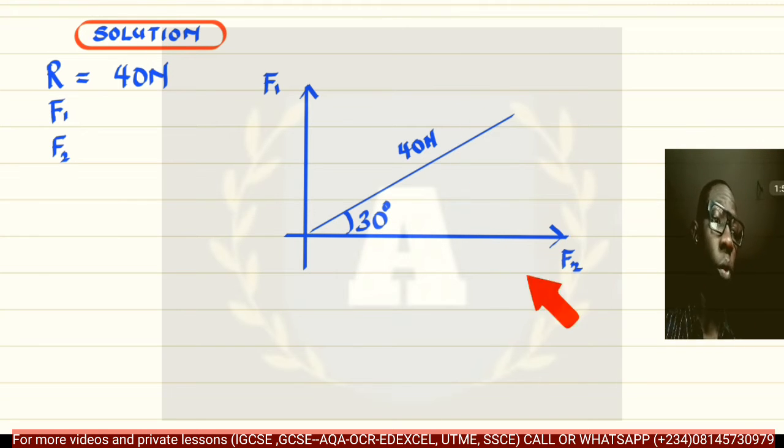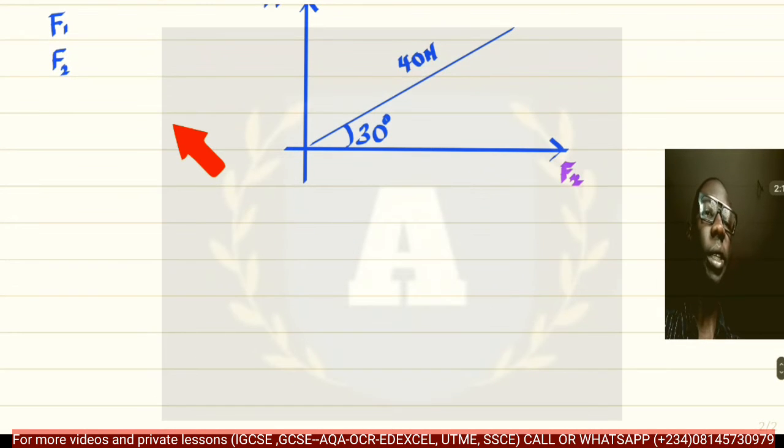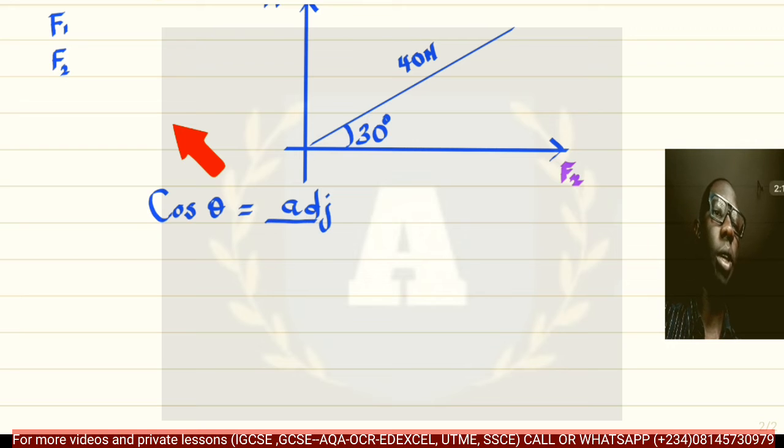So now, we are asked to calculate the magnitude of F2, because it's actually the one that makes an angle of 30 degrees with the resultant. To calculate F2, we're going to use cos theta, and the formula for cos theta, which we learned in simple mathematics, is adjacent divided by hypotenuse.